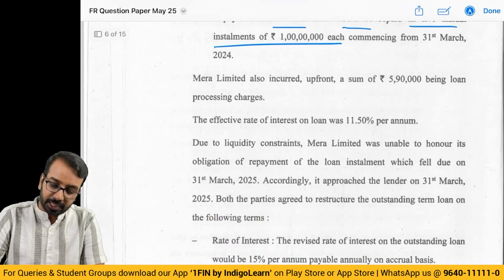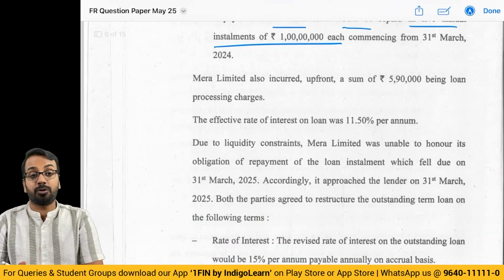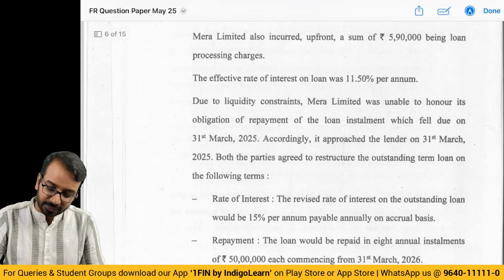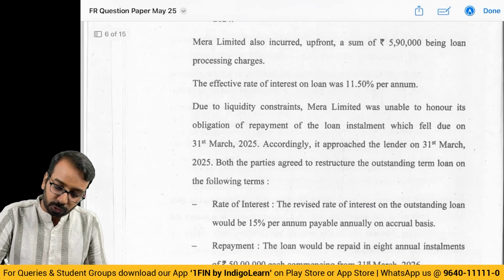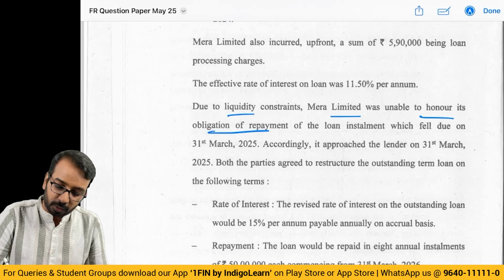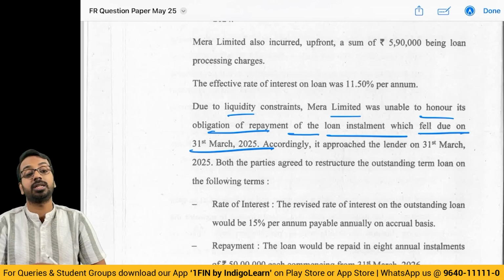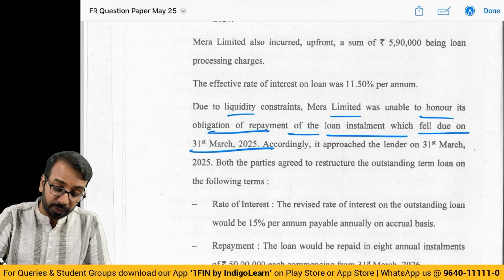Now the only thing here is, in the previous other examination question, and we have discussed this in our financial instruments revision also, there they have said that due to liquidity constraint, they were unable to honor the obligation of repayment of loan installment which fell due on 31st March. There they have clearly said they paid interest. Here the question is silent. Now what do we assume? Do we assume interest has been paid?